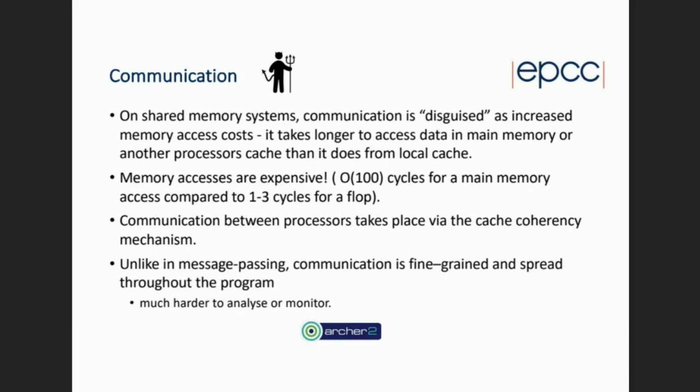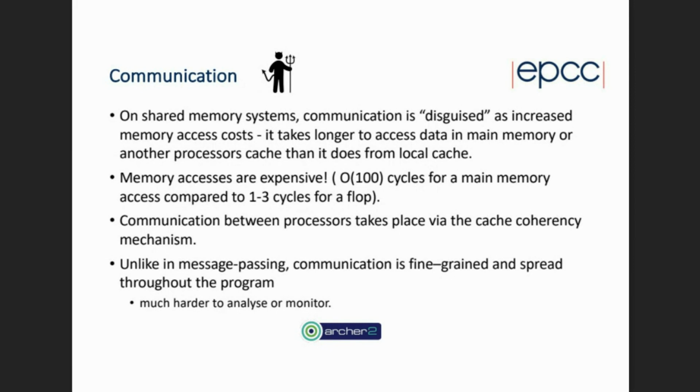On modern hardware, memory accesses are expensive: on the order of 100 or 200 clock cycles for a main memory access, compared to a few clock cycles for a floating point operation, or one or two clock cycles to get data from the level 1 cache.